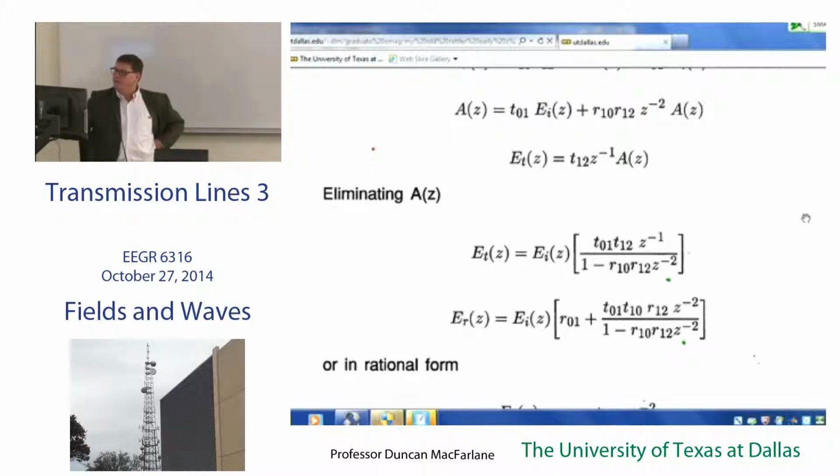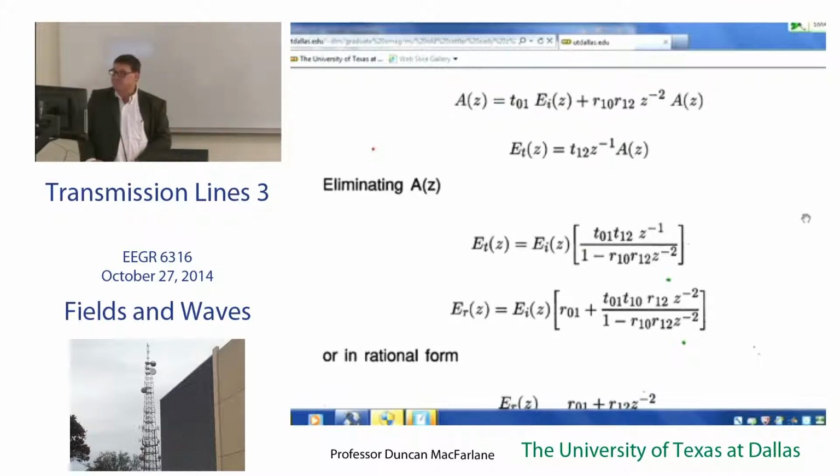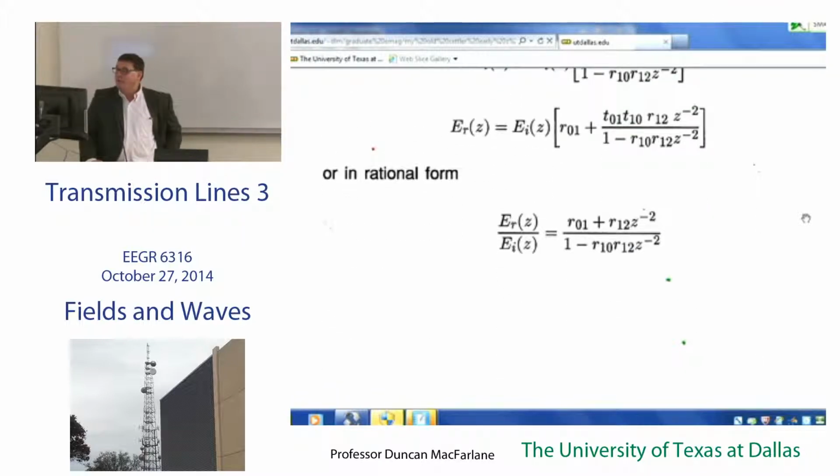Okay, but it's a little bit odd because I don't have a first order term in the denominator, so I can reclock this digital filter if I want to. If I put this in rational form, here's my reflected versus my input, just putting everything over the same common denominator.